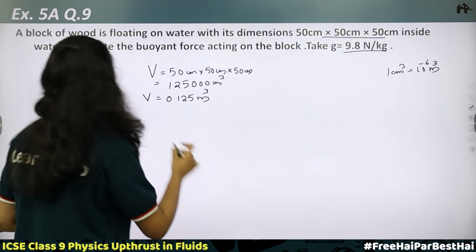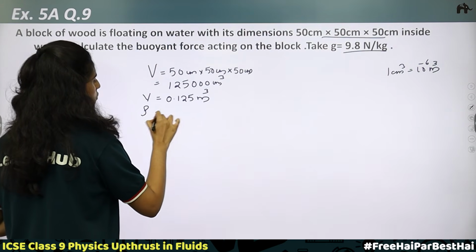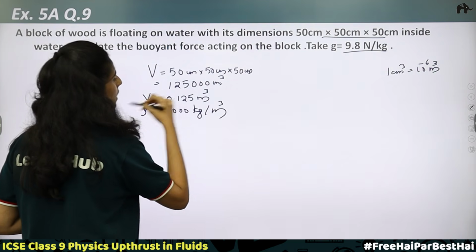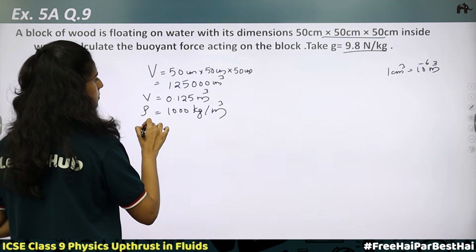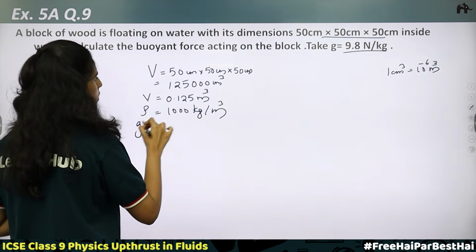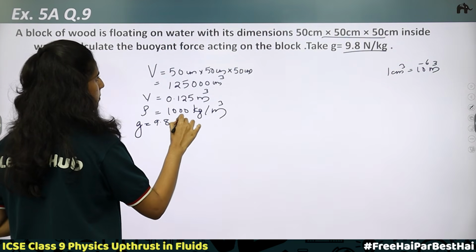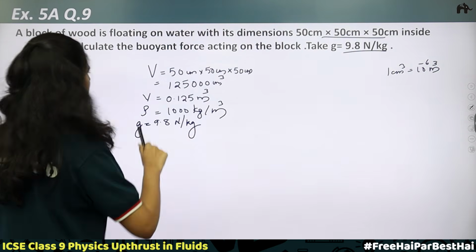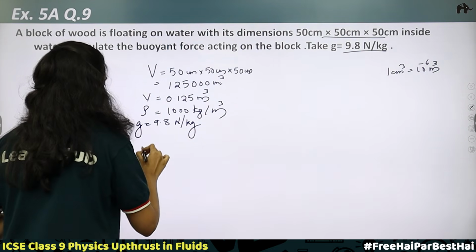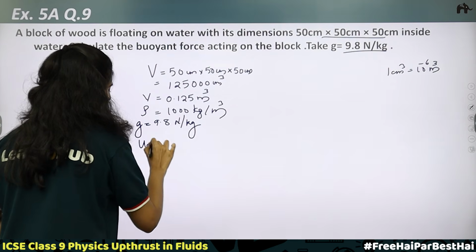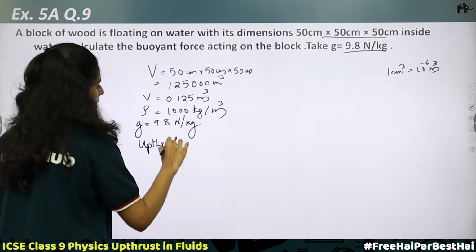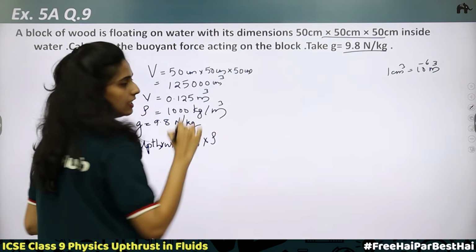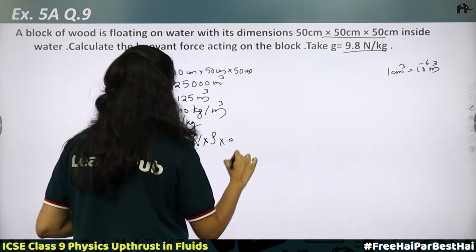Next, what is the density? Density of water is 1000 kilogram per meter cube. Acceleration due to gravity is given, g is equal to 9.8 Newton per kilogram. Here we are asked to find the buoyant force. Buoyant force means we have to find the upthrust, which is equal to volume of liquid displaced into density of the liquid into acceleration due to gravity.